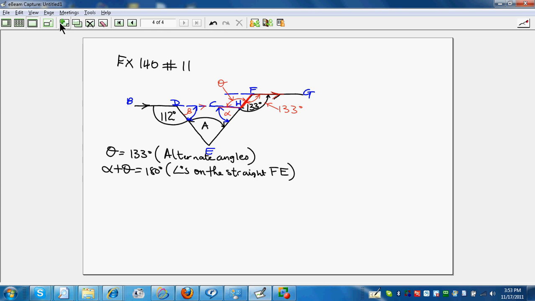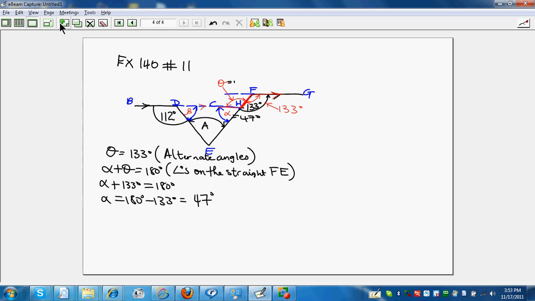So it means, therefore, that if we put theta as 133 degrees in this equation, we could write alpha plus 133 is equal to 180 degrees. So therefore, alpha will be equal to 180 degrees minus 133 degrees. That will give us 47 degrees.